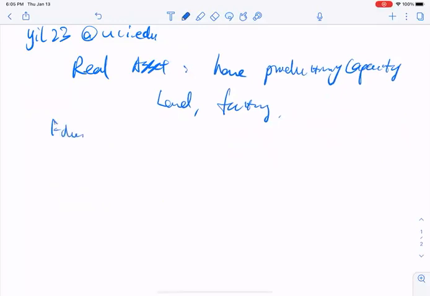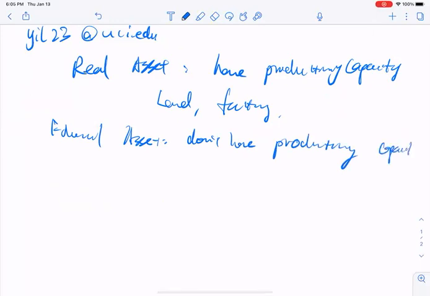And we also have financial assets. These are the ones that don't have productivity capacity. What does that mean? Productivity capacity is, like I said, you can produce goods with either the land or factory or whatever physical materials, machines you have, right?